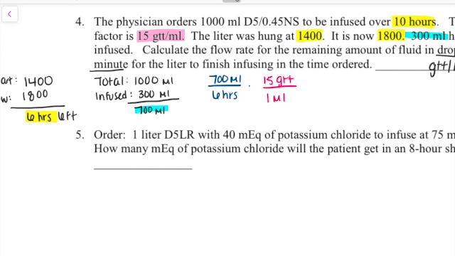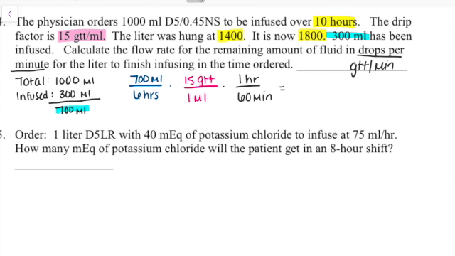Drops is calculated per minute. So we have 1 hour, we're going to convert to 60 minutes. And now we have our problem and just need to solve the math.